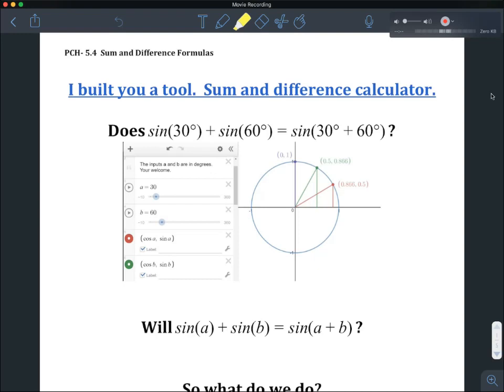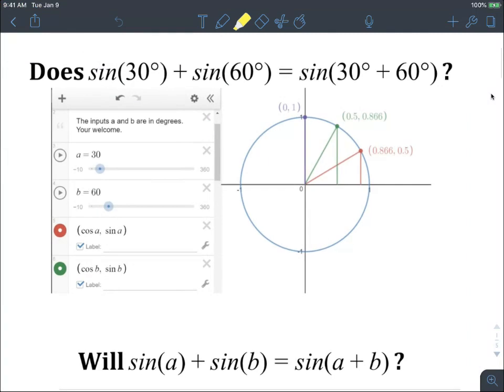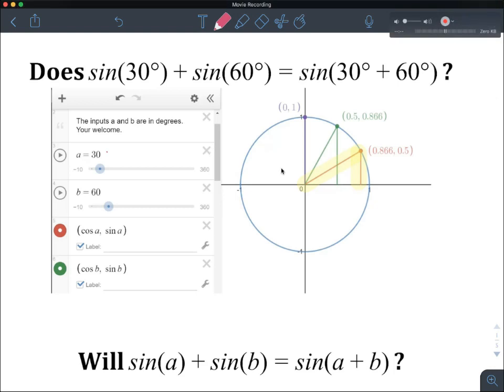So what I have here is triangle A has the cosine of 0.866 and the sine of 0.5. So triangle A is a 30-degree triangle. And then triangle B is a 60-degree triangle.